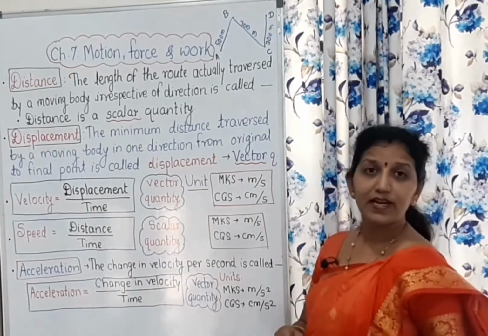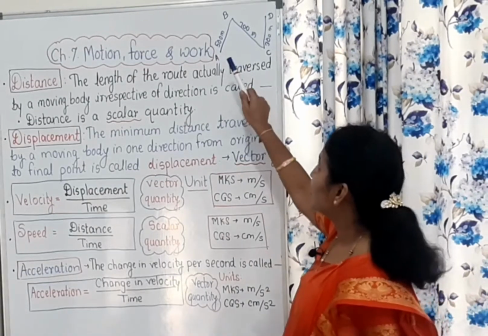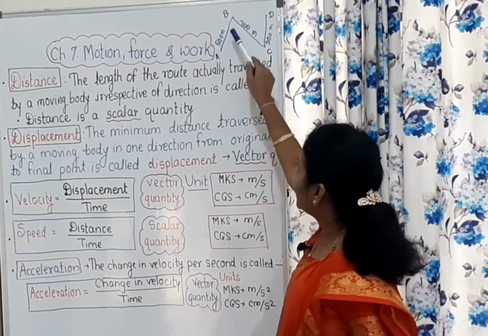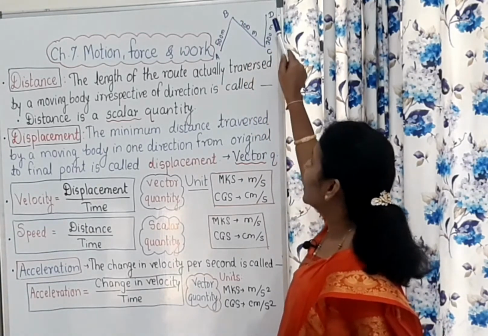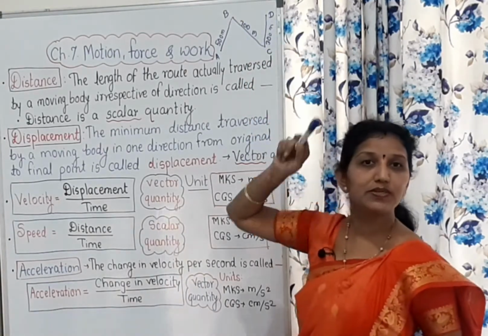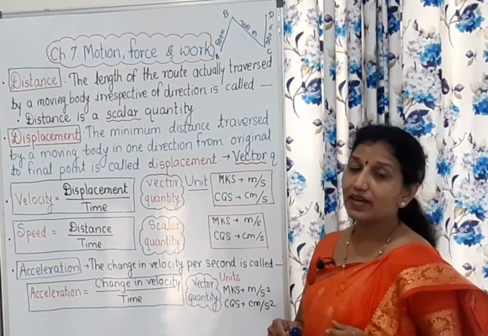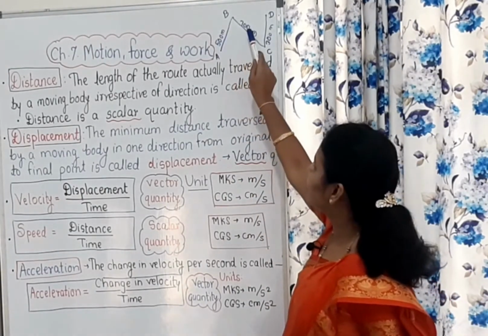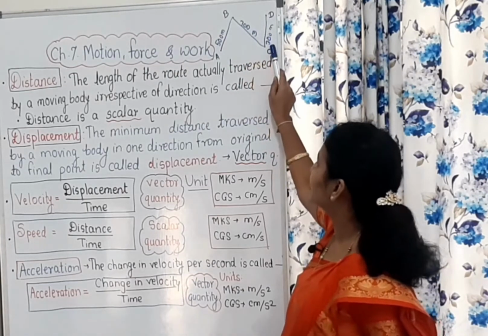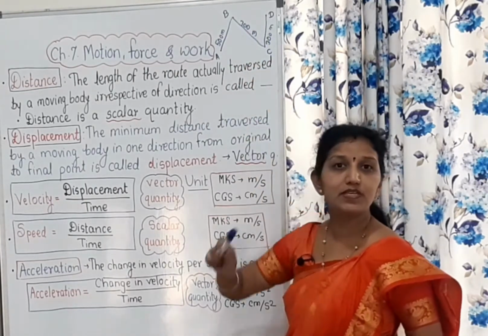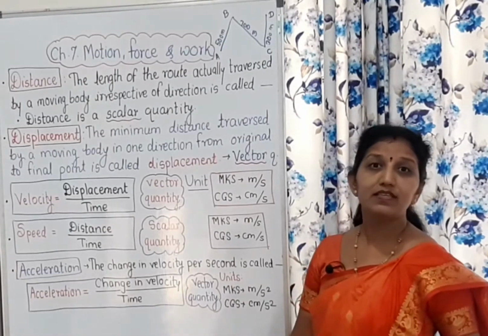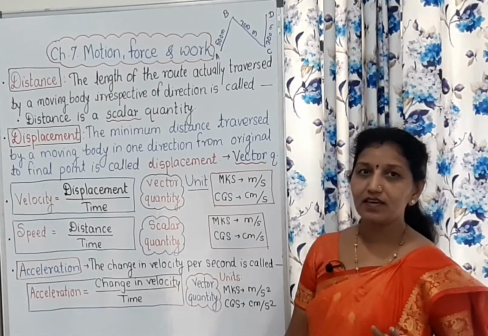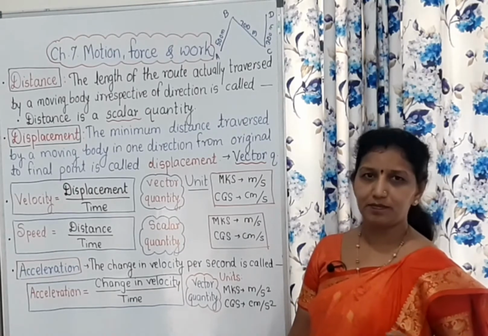Now, while doing this, Krishna has to travel how much distance? From A to B, from B to C, and from C to D. 500 meters plus 700 meters, 1200 meters, plus 300, that means 1500 meters. This is the distance traversed by Krishna in the given time.